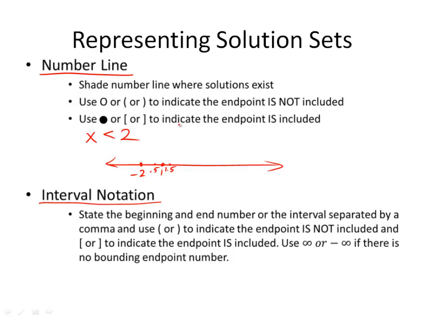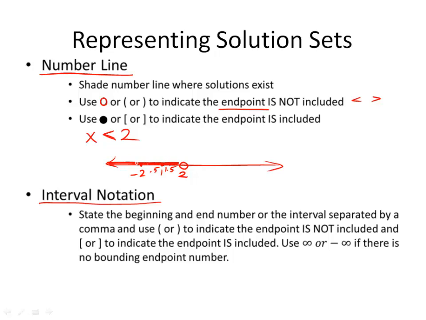So then we have to indicate an endpoint. Now in our case, since there is no equal sign, the endpoint is not included. So less than or greater than would be an open circle for the number in question. Everything else gets shaded in.